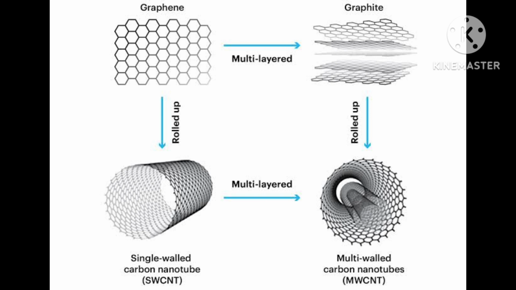For density, you can compare with diamond. Diamond is three-dimensional and its density is 3.515, very heavy. Graphite is two-dimensional and its density is 2.26.